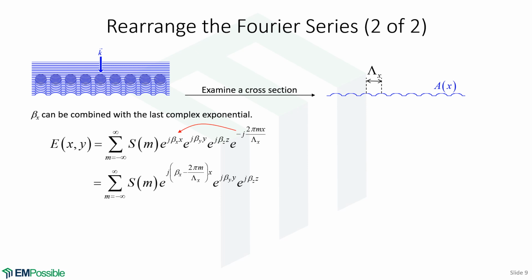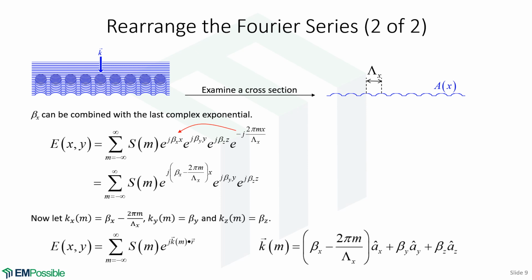So what we can do is take this first group of terms and call that k sub x. We'll take this beta y, call that k sub y, and this beta z and call it k sub z. And we can think of that as three components of a wave vector. And now our field can be written this way, where here's how we're defining the wave vectors of each of those. On the next slide, let's think about what this actually is.